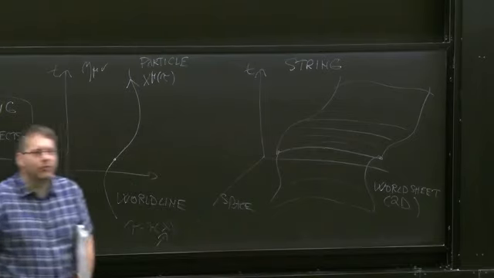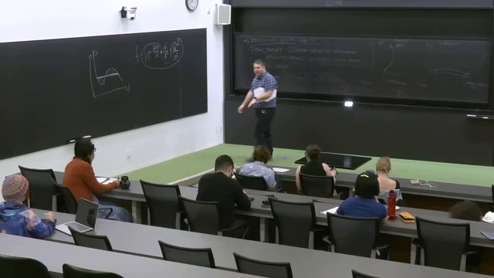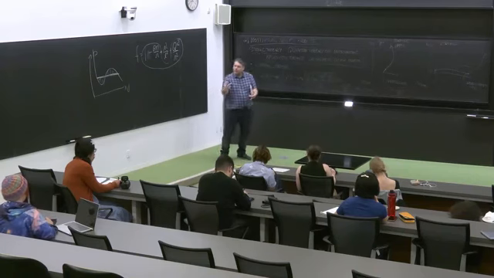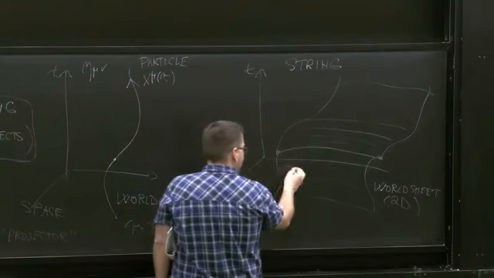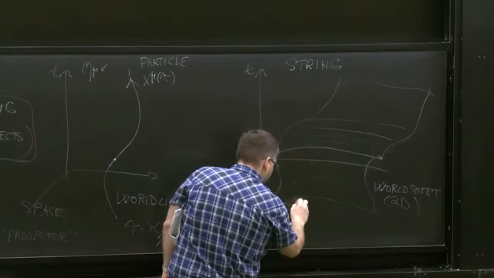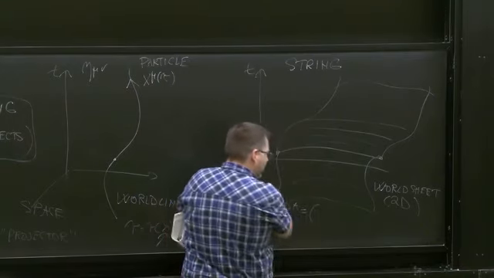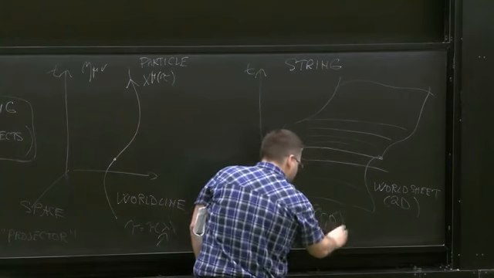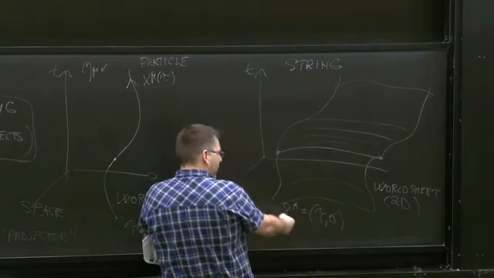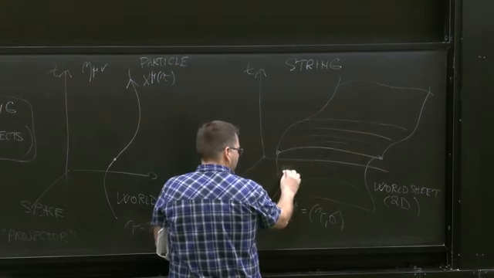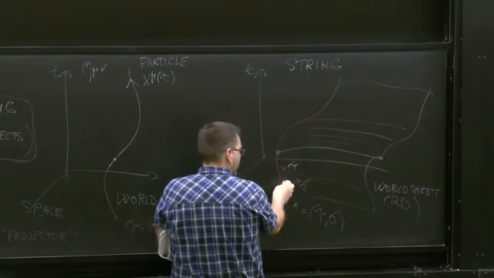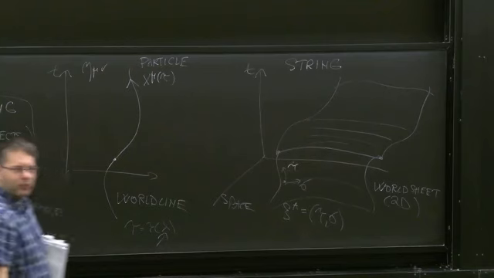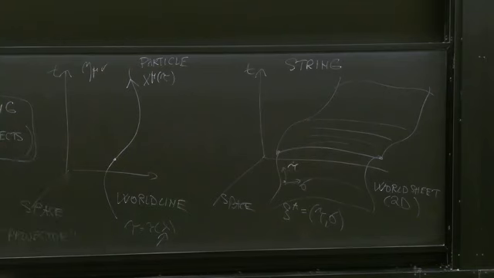So I should be able to introduce two coordinates on this worldsheet which parameterize where I am there. Let's consider these psi a coordinates. Let's call them tau and sigma, or lambda and sigma, whatever. These will be my coordinates, which tell me where I am on that two-dimensional sheet.